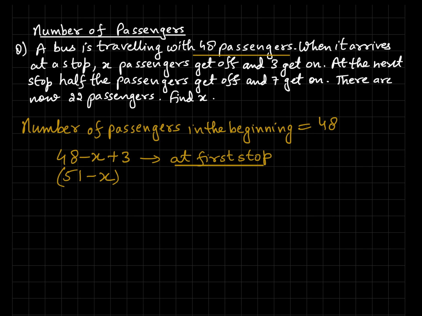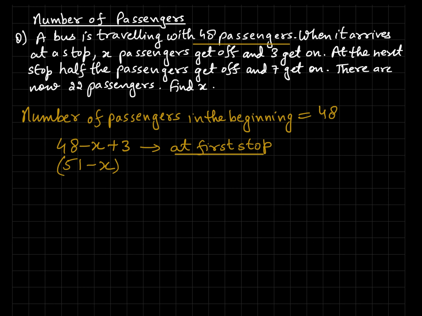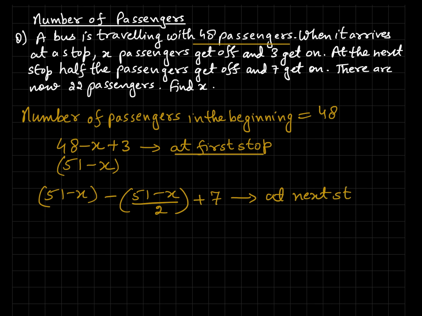Now at the next stop, half the passengers get off. So 51 minus X over 2 passengers get off, and 7 get on. So this is the number of passengers at the next stop now, right?